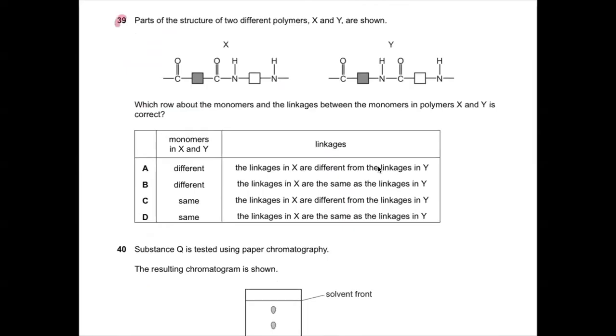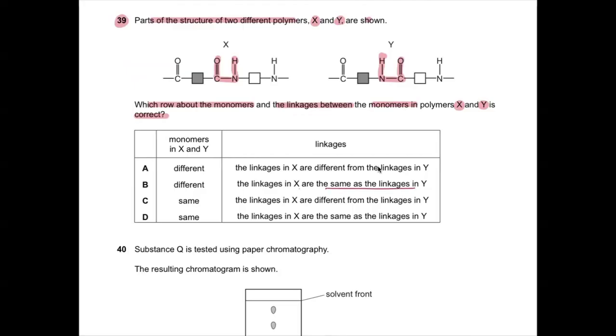Now MCQ number 39. Parts of the structures of 2 different polymers X and Y are shown. Which row describes the monomers and the linkages between the monomers in polymer X and polymer Y? Okay. So if you look at the linkage in polymer X and the linkage in polymer Y, if you see the linkage, both have the same linkage.